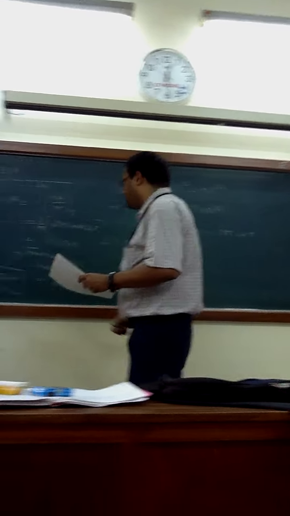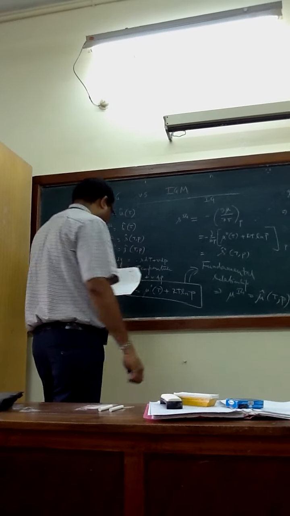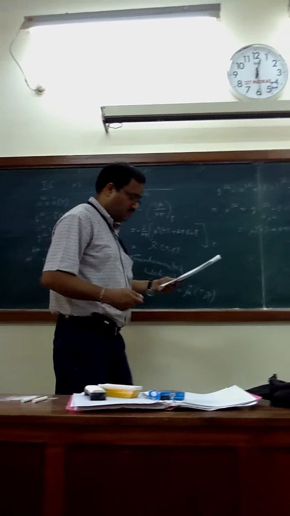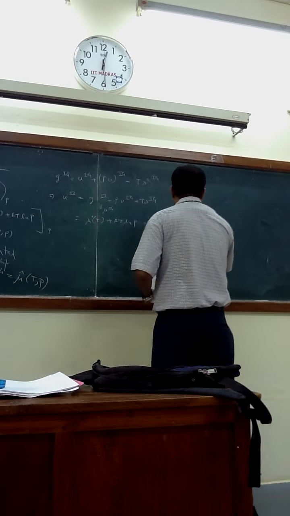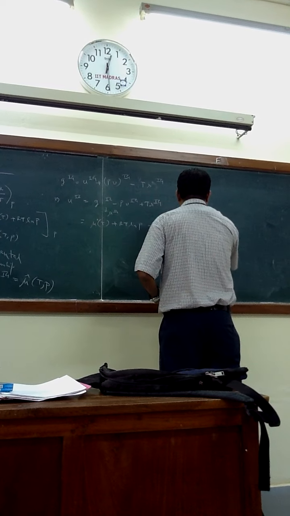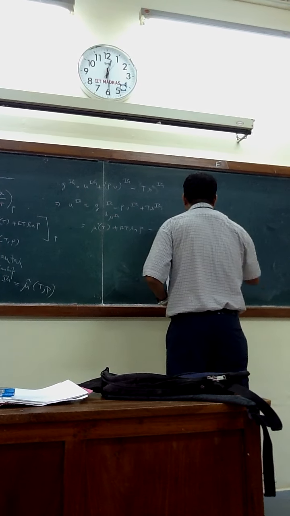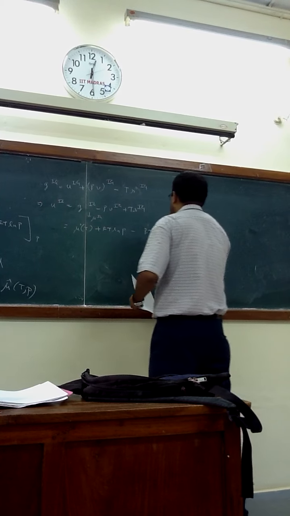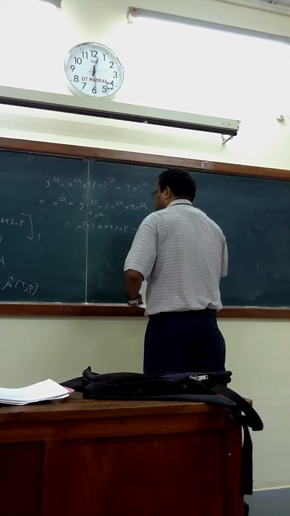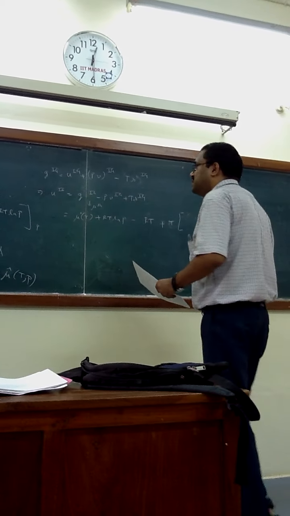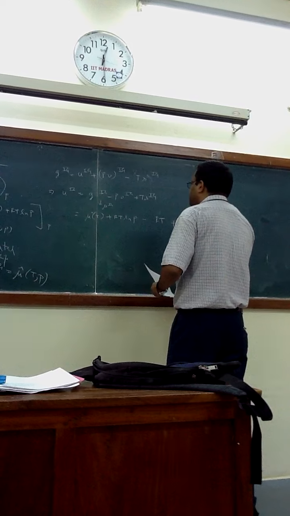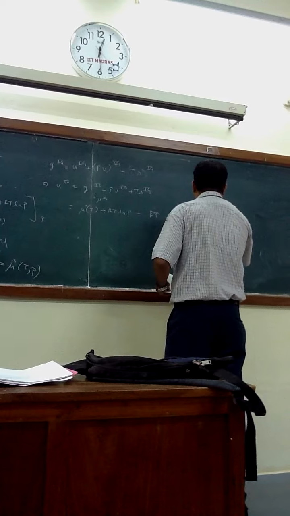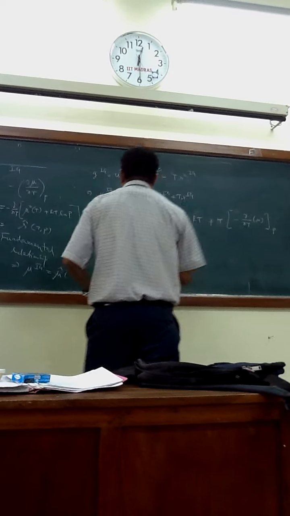What is S ig? S ig means minus dμ by dT, so it is minus dμ0/dT at constant P. So plus T times S ig, what is that? It should be minus T ∂μ/∂T at constant P. Am I correct? Yes.